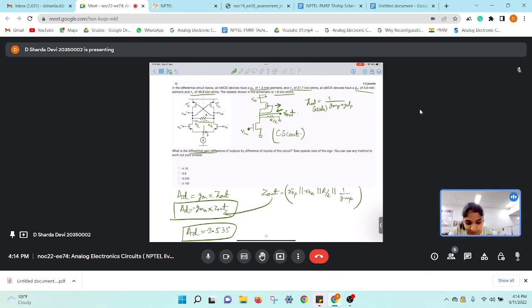Yeah, I understand your feeling, but first of all, before applying any AC signal, we have DC biasing for the circuit, right? During DC biasing, we know that this half circuit will have I naught by 2, and this other half circuit will also have I naught by 2 current flowing through it, right? These two currents are equal, and since both the NMOSes have same parameters and both the PMOSes have also the same parameters, that means both the PMOSes are matched and both the NMOSes are matched, right?